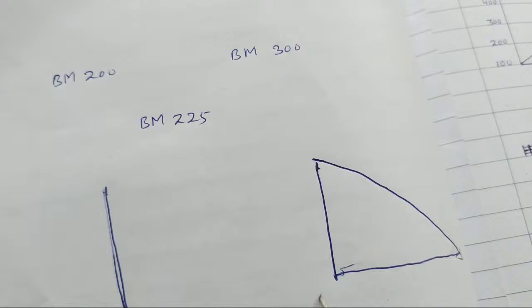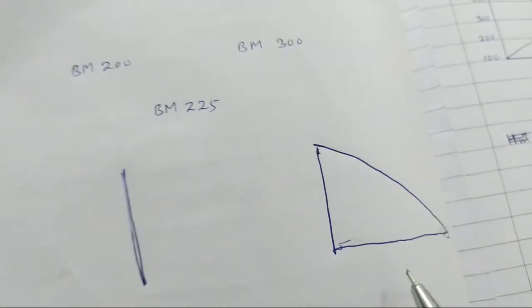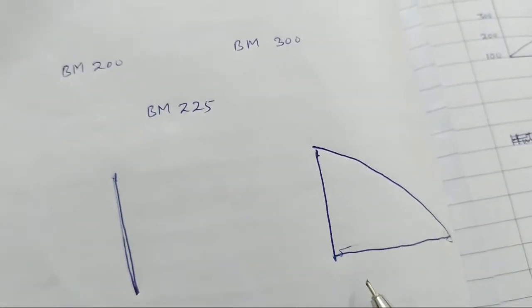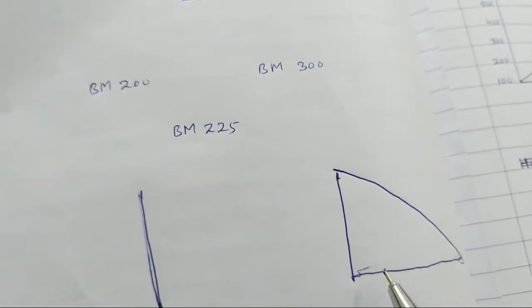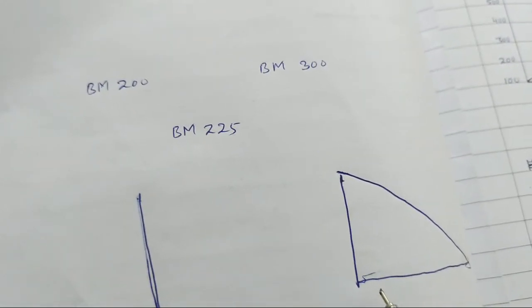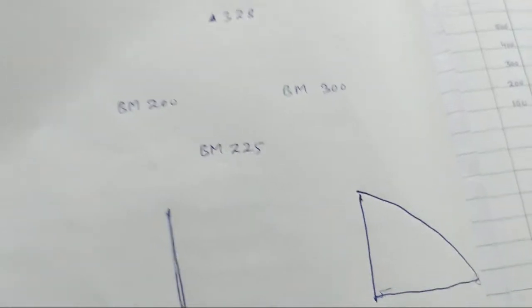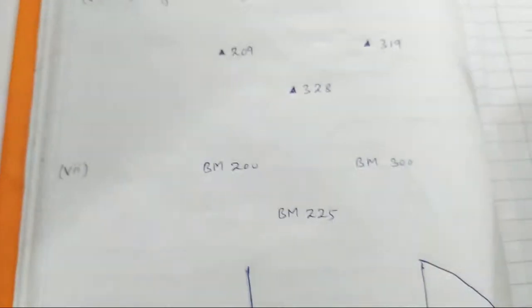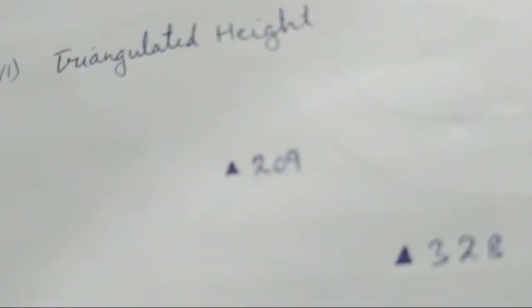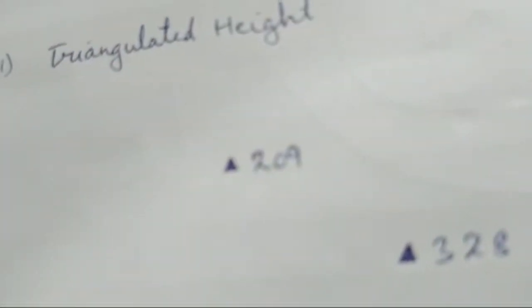Now this method is related to Pythagoras theory. This is called trigonometry. Maybe in class 8 you have not studied trigonometry. Okay, so it's just an introduction. This is a triangle with the height. This is called triangulated height.